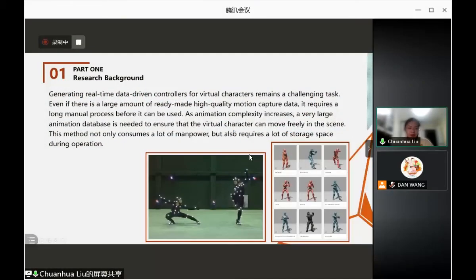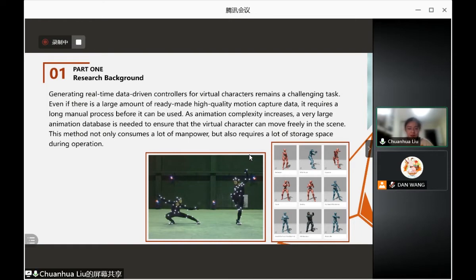The research background. Generating real-time data-driven controllers for virtual characters remains a challenging task. Even if there is a large amount of ready-made high-quality motion capture data, it still requires a long manual process before it can be used.